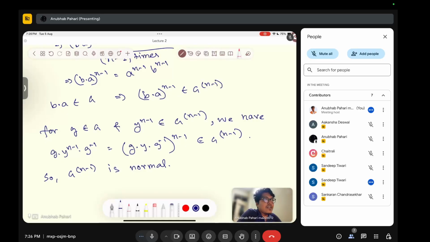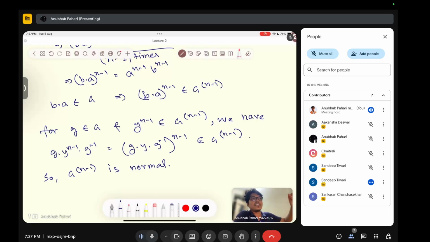Sure. By the principle of mathematical induction, can we show that this is true for all n minus k, where k is less than n? Like G^(n-k) is normal for all k less than n.